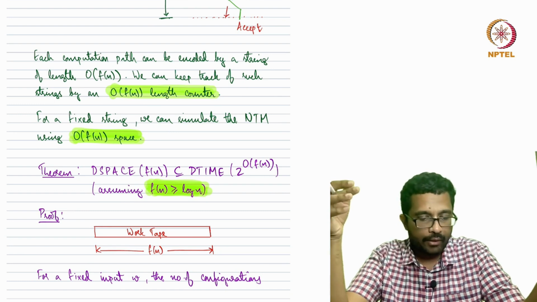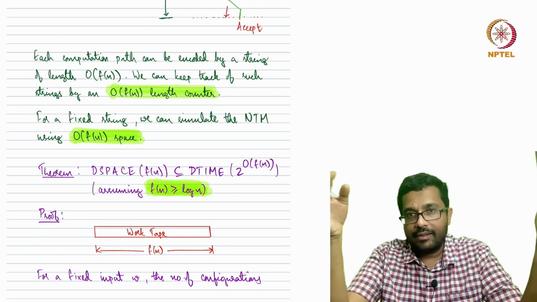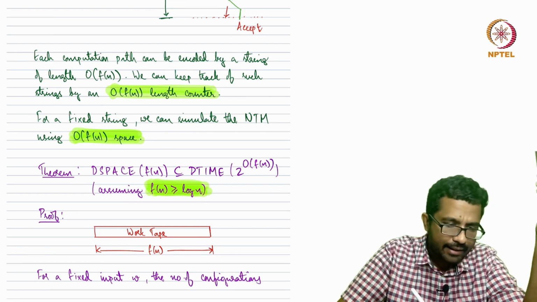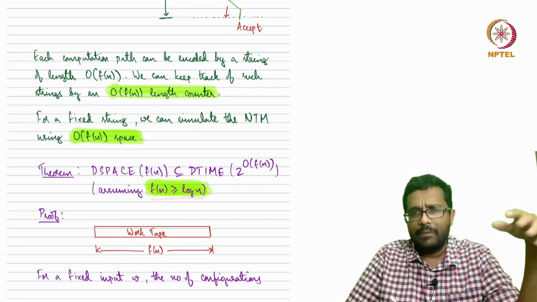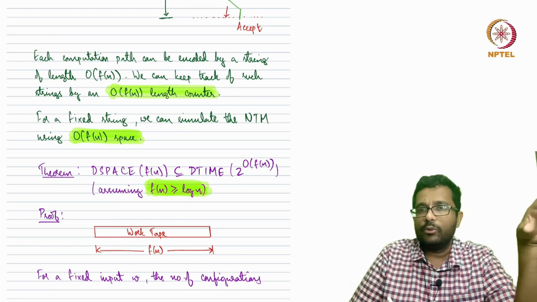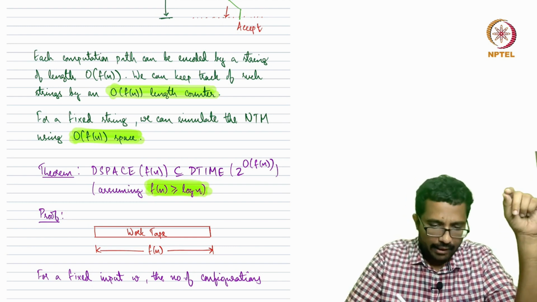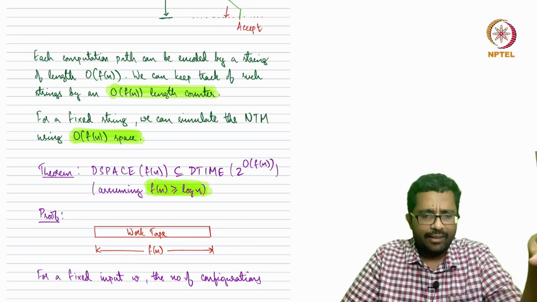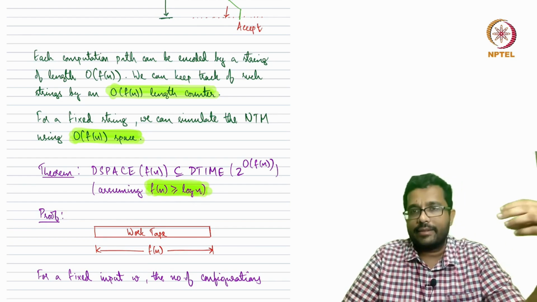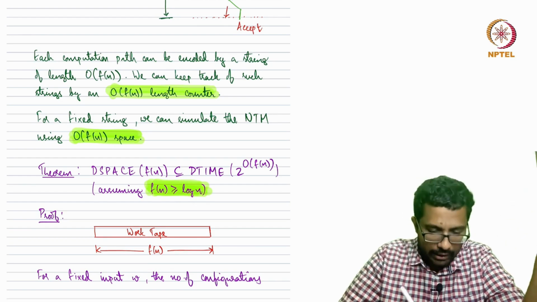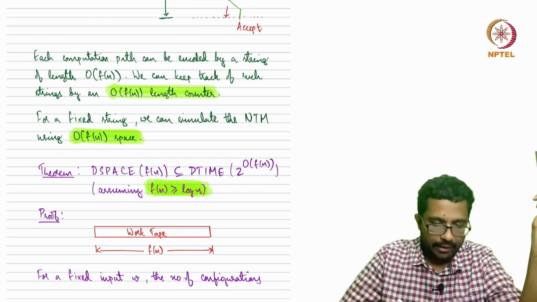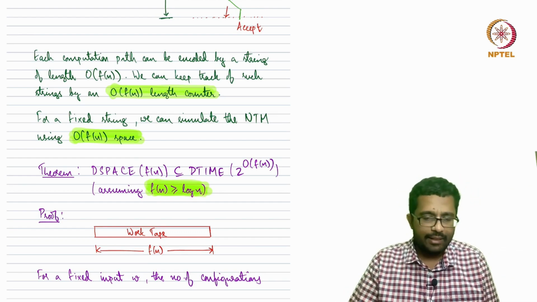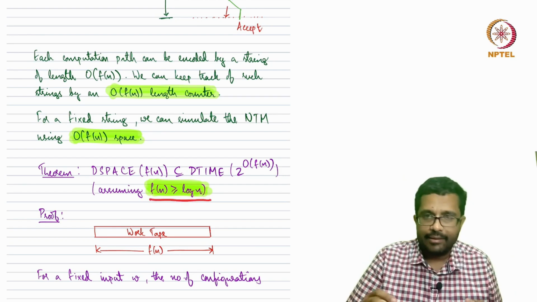So this assumption that f(n) is at least log n is a reasonable assumption, because below log n we cannot meaningfully do anything. It's not that we are losing anything by restricting ourselves to this assumption, and why we need it we'll see in this proof. For most meaningful space bounded machines, this assumption doesn't really hurt.